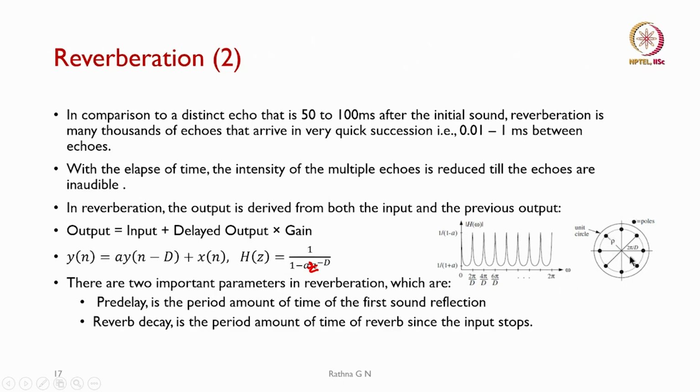Then you will be seeing that this is our unit circle, with 2 pi by d spacing, and rho will be the radius where the poles have been located. So, you are seeing that poles are all around the circle, placed at a distance of 2 pi by d.